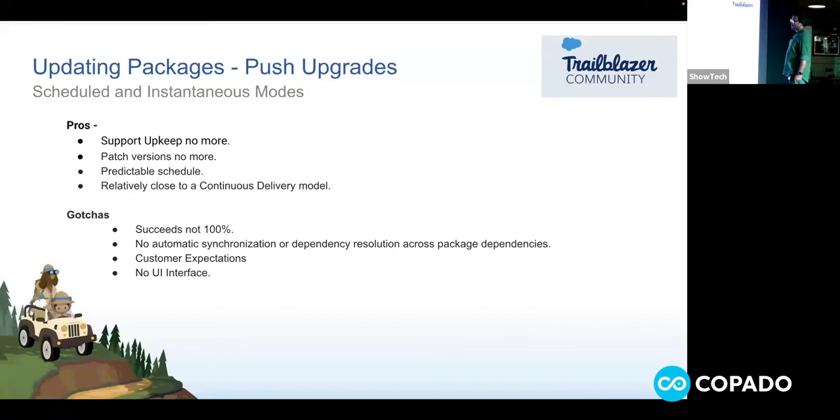Now push upgrades. Let me tell you about push upgrades, because this is not a very common feature, I think. Not a lot of people are using it, but this automatically upgrades all your customers to the latest version that you have for your managed package. You can configure your orgs for push upgrades, and this will happen automatically without their consent.